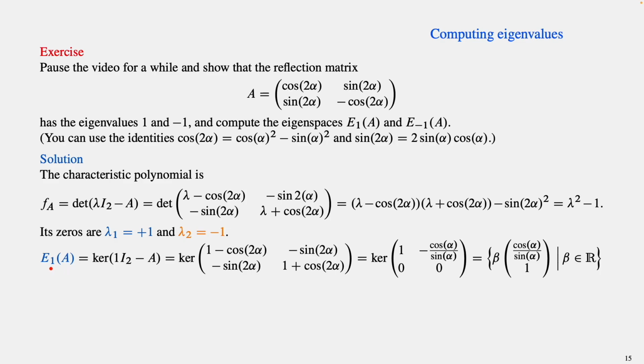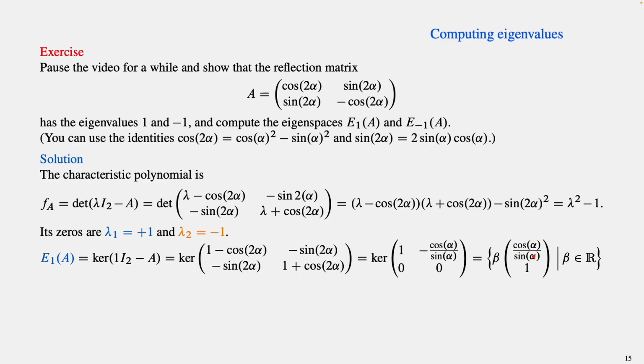So for the eigenvalue plus 1, the eigenspace is the kernel of this matrix here, 1 times identity minus A. And after simplification, this is the kernel of this matrix here, which means it's all the vectors that are multiples of the vector cos alpha divided by sine alpha and 1.